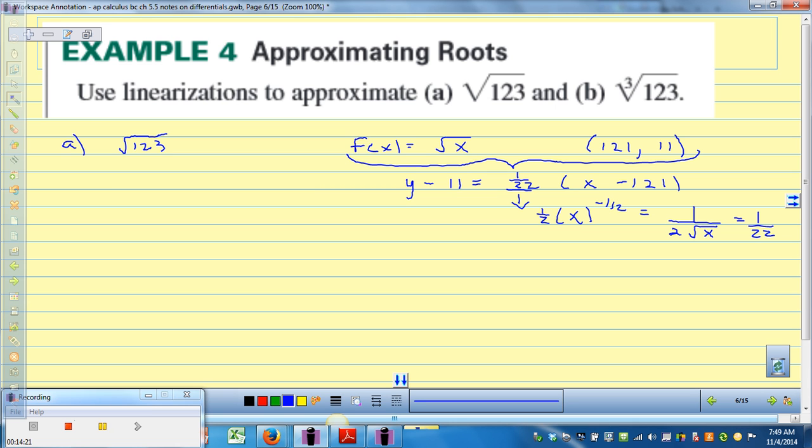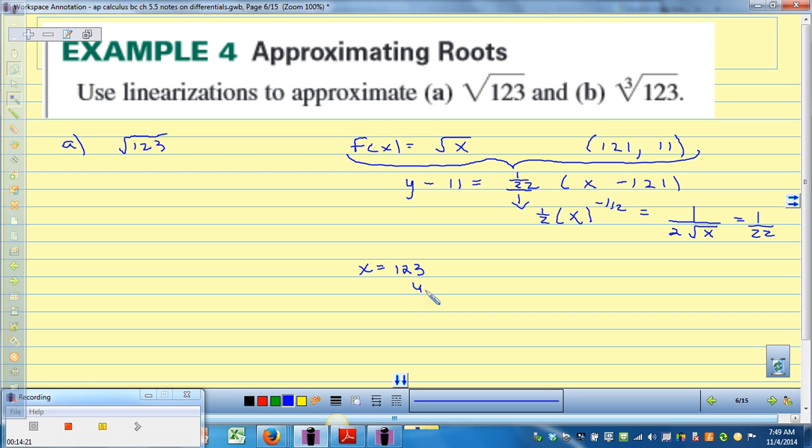Well, how am I going to use that to help me find the square root of 123? Donna? Plug in 123 for x. Now our x value, the square root of x, our x is 123.